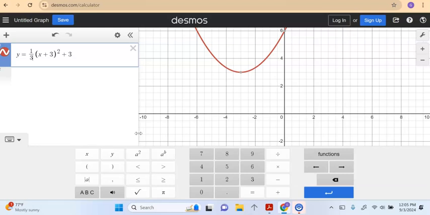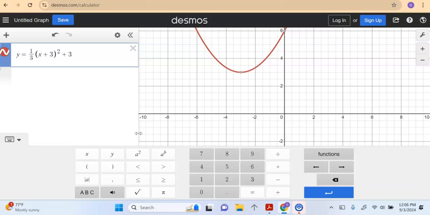So we just looked at all three transformations with one of the parents. Translation is a shift. Reflection is when we put minus in front. It's going to be a vertical flip. And then dilation is when we either multiply by a whole number. What's that called? A whole number? Vertical stretch. Good job.